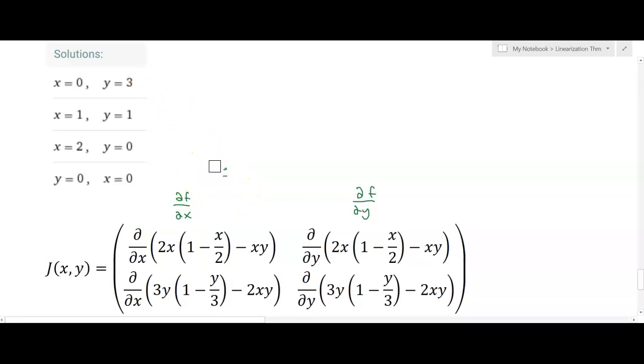And if you have not taken Calculus 3, don't worry about the difference. Ultimately, the reason we use this different notation instead of the lowercase d is because this implies that there's more than one input variable. There's an x and a y. In any case, we want to take the derivative of this with respect to x and the derivative of that same thing with respect to y.